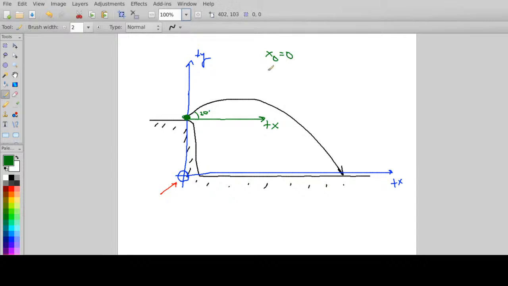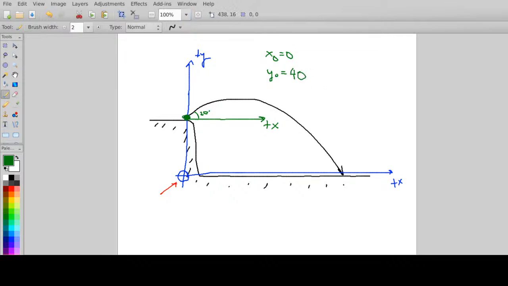The y naught, that's your initial height. That is how high above y equals 0 are you initially. Well, this is y equals 0 down here. And how far up do you have to go until you reach the rock? We have to go up to here, and that's 40 meters high. And so your rock starts off at a y naught of 40 meters.